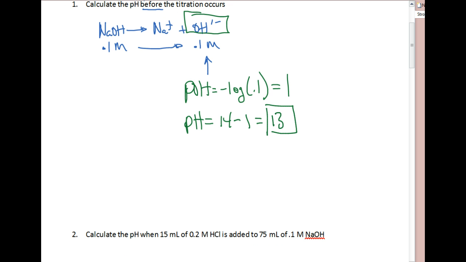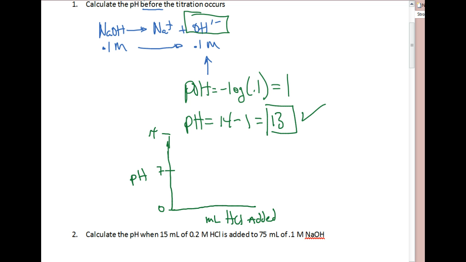If we take a look at a titration curve that we could draw, a graph, with pH on our y-axis and milliliters of HCl added on the x-axis, we'll say pH 7 here, 0 there, and 14 there. It's a rough sketch. Because we're at a pH of 13, we're going to start right about there.